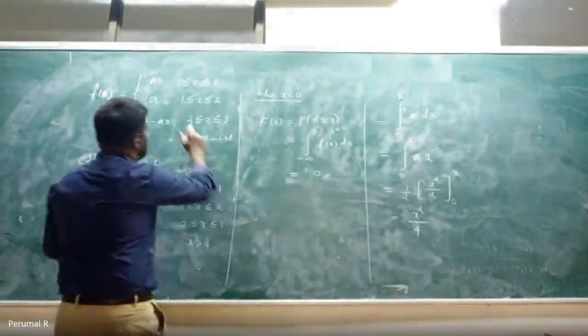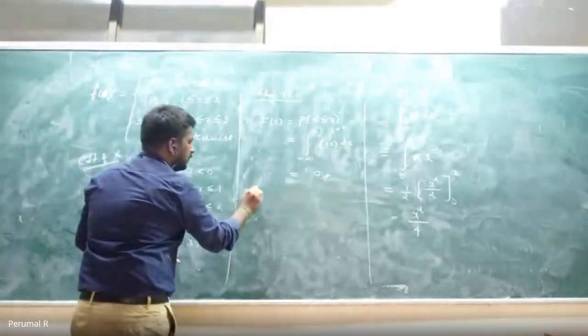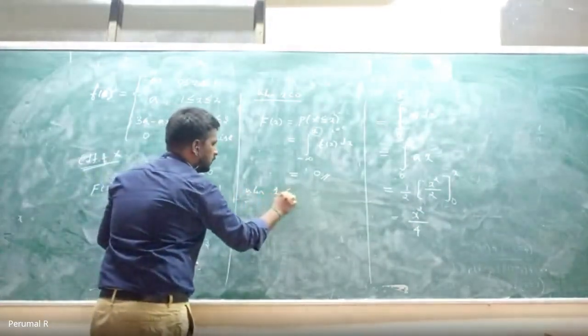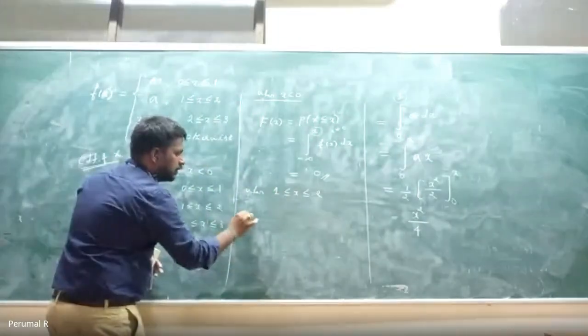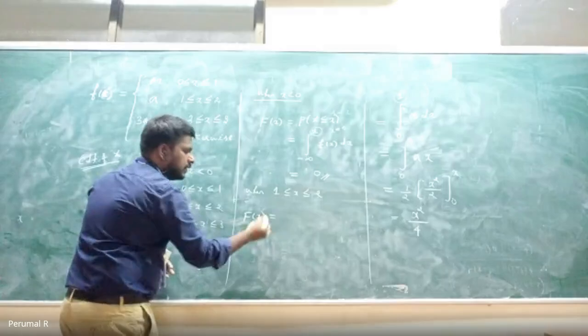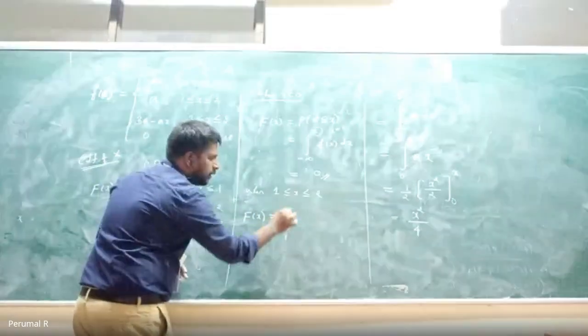Next we have to find out the other case, when 1 less than or equal to X less than or equal to 2. So what is your function? This is valid only from 1 to 2.